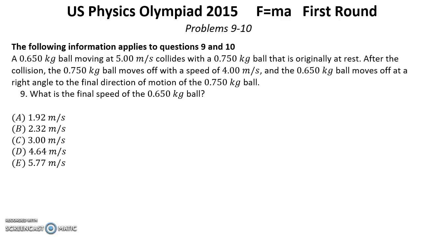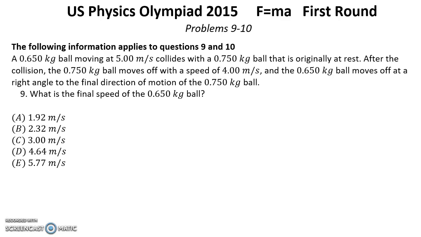After the collision, the 0.75 kg ball moves off with a speed of 4 meters per second, and the 0.65 kg ball moves off at a right angle to the final direction of motion of the 0.75 kg ball.